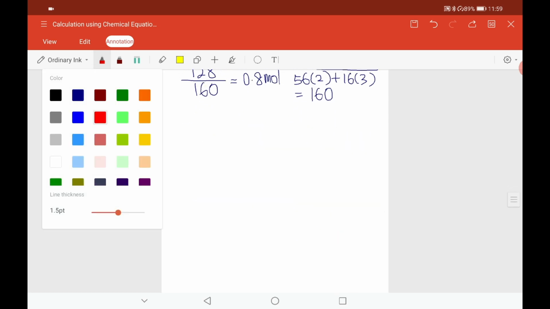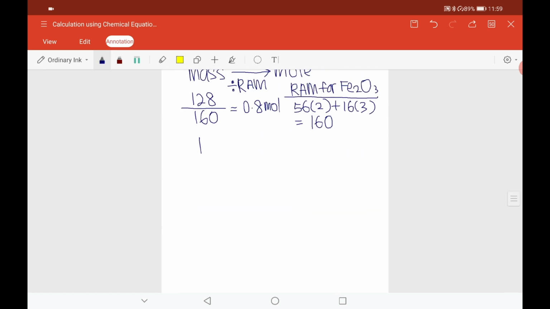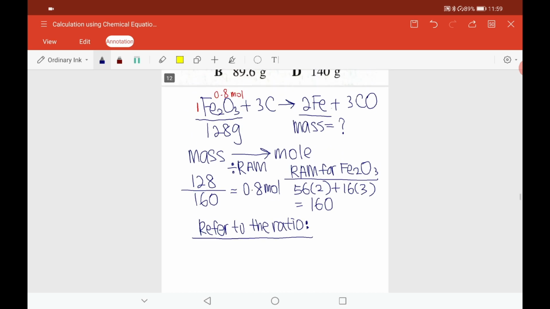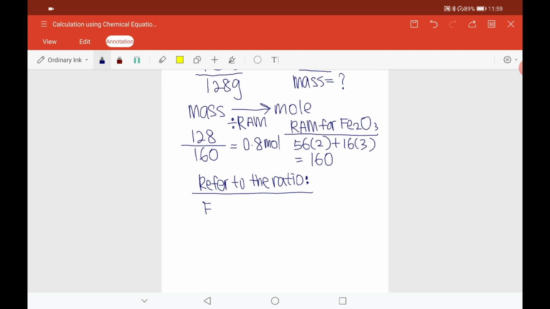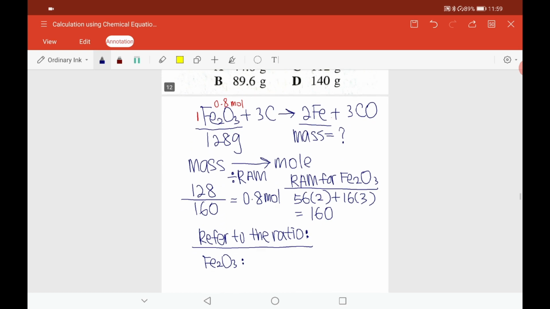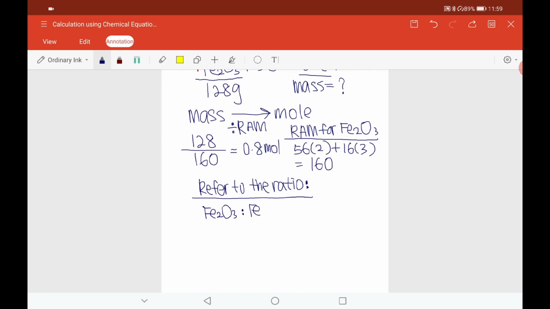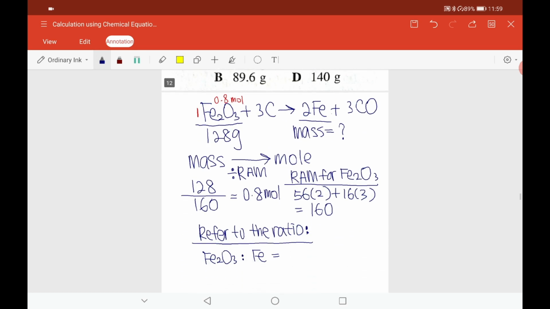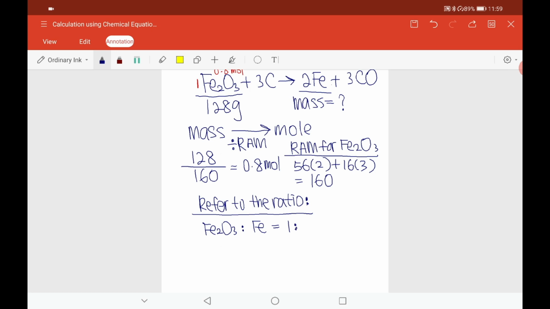We refer to the ratio: the first one, Fe2O3, and also the Fe. From the equation, look at the number at the front, which is 1 and 2. Write this down first.